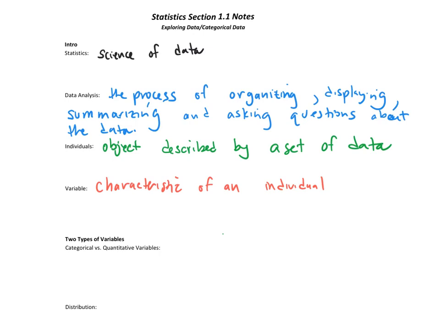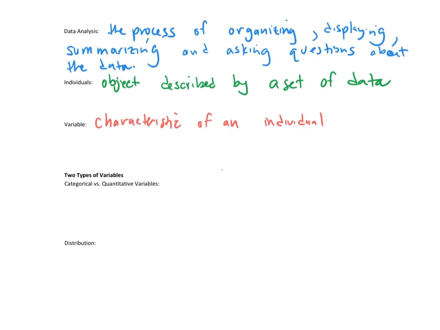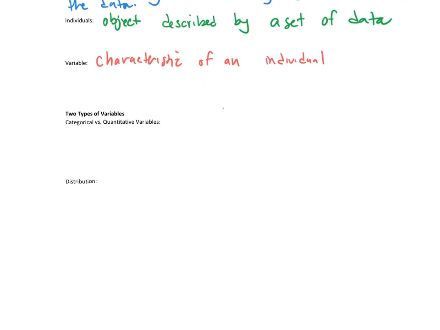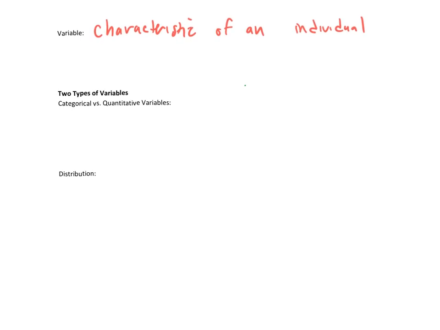When we talk about variables, there are two types we're going to look at in this course. We're definitely going to look at the second one more than the first one. Those two are categorical and quantitative. Sometimes you've also heard categorical referred to as qualitative. If you've heard that in previous coursework, that's basically the same thing.